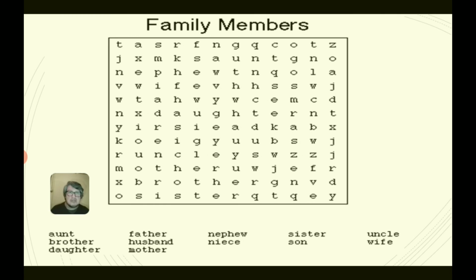So there you have it. The family members already checked, already reviewed. And what did we do today? We saw and reviewed the homographs, the homophones, and the family members. We have a lot of things to review, a lot of things to refresh our memory.